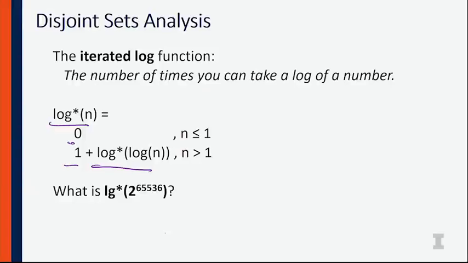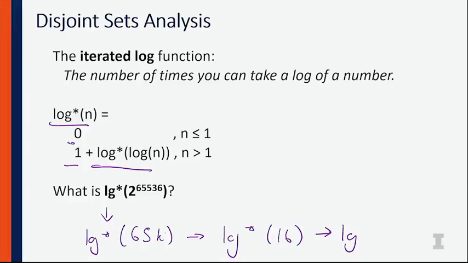So let's do the iterated log base 2 of 2 to the 65,000th power. So an absolute gigantic number. 2 to the 65,000th power, the log of that is going to be the iterated log of 65,000. The iterated log of 65,000 is going to become the iterated log of 16. The iterated log of 16 is going to be the iterated log of 4.